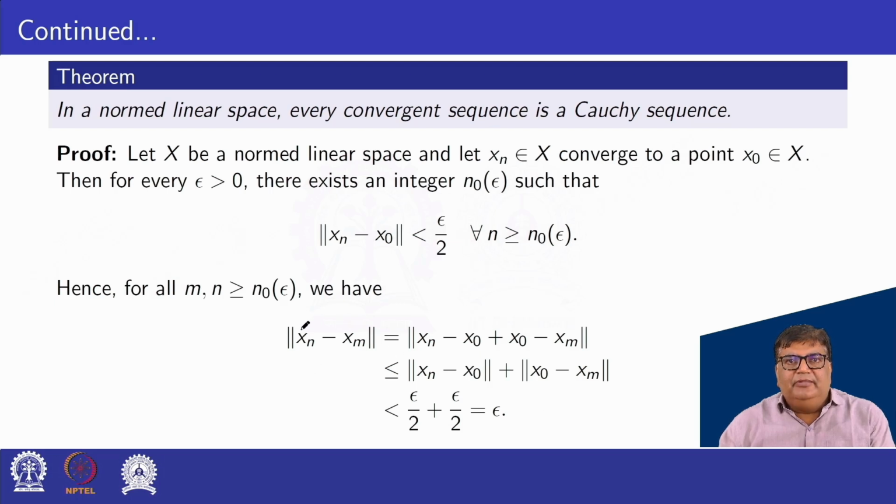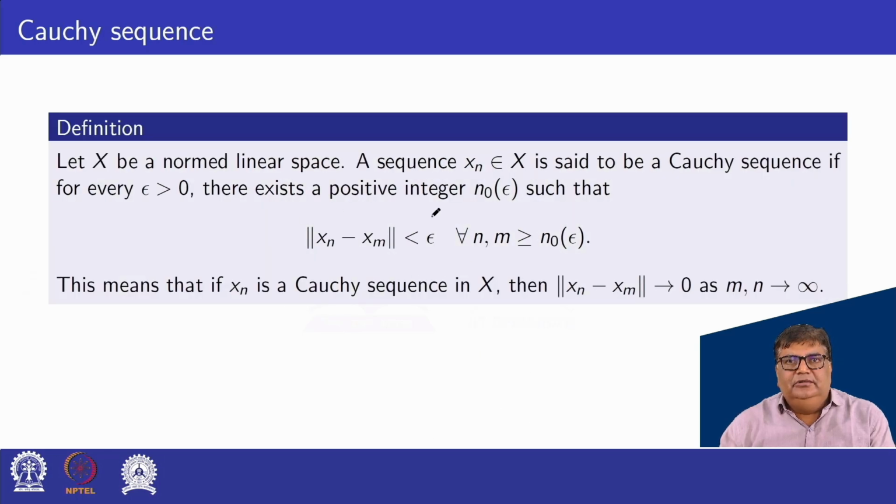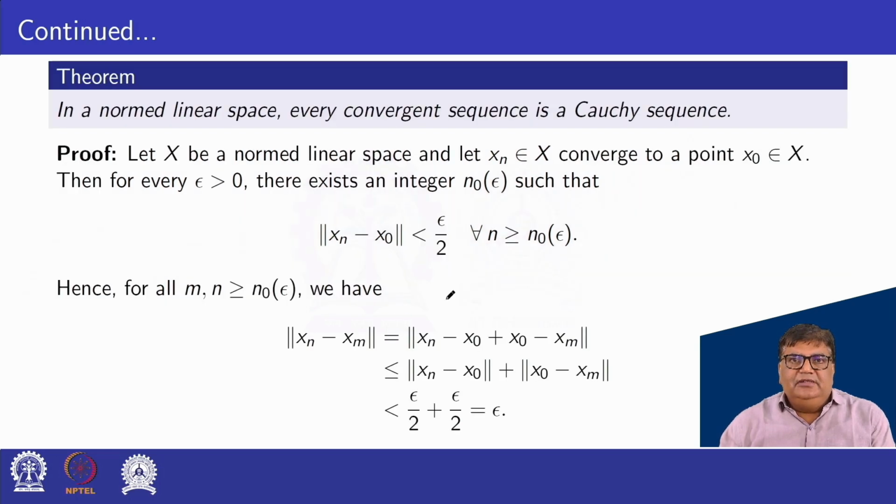Hence norm xn minus xm is less than epsilon for all m, n greater than or equal to n0. This is a Cauchy sequence as per the definition. So every convergent sequence is a Cauchy sequence in a normed linear space.